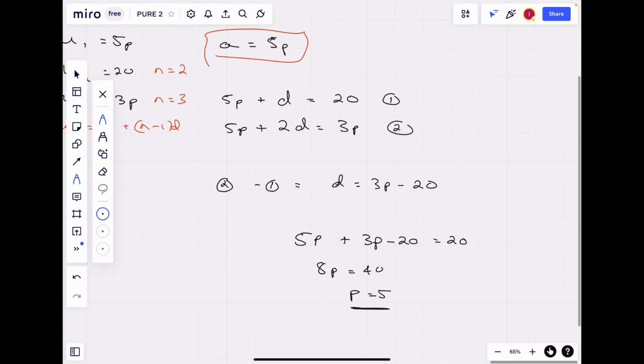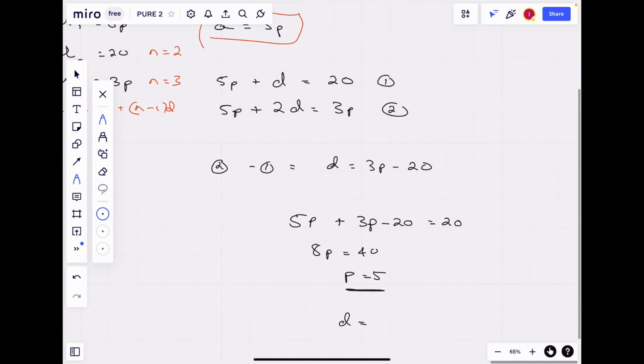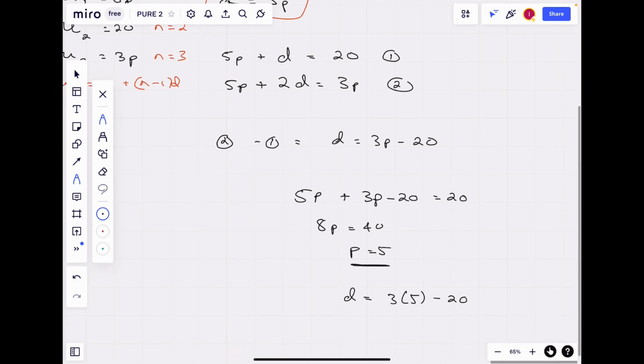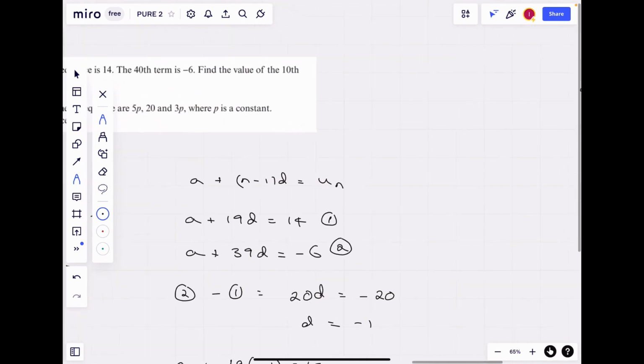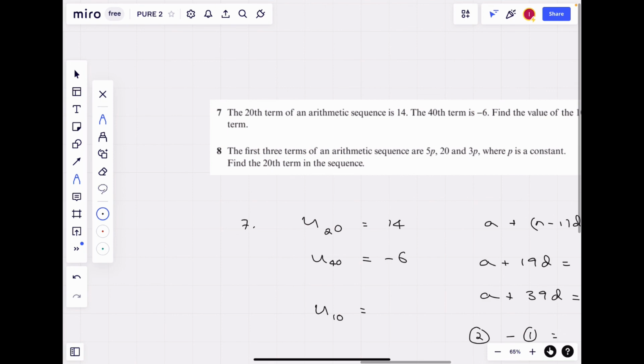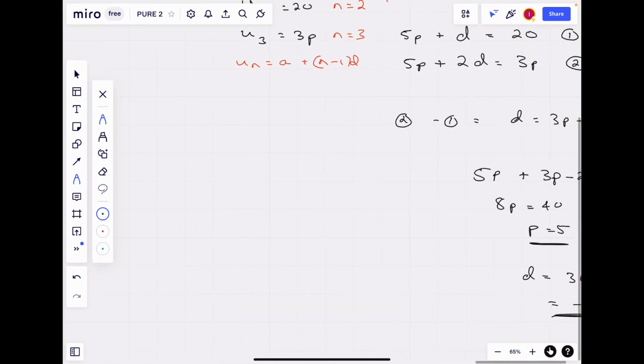When p equals 5, d equals 3 times 5 minus 20. So d equals minus 5. And the question is asking to find the 20th term.